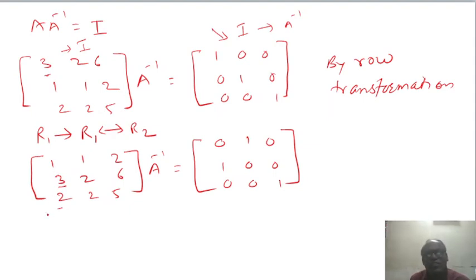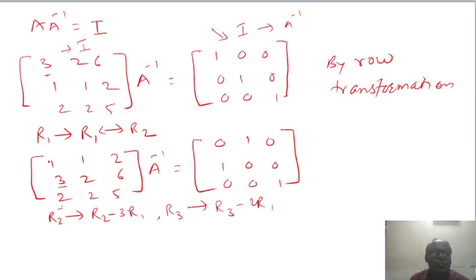There is a change in the second row, therefore R2 is replaced by R2 minus 3 R1. Remember this thing: 3 minus 3 into 1, 3 minus 3, 0. Then also perform a row transformation at R3. R3 is replaced by R3 minus 2 R1.